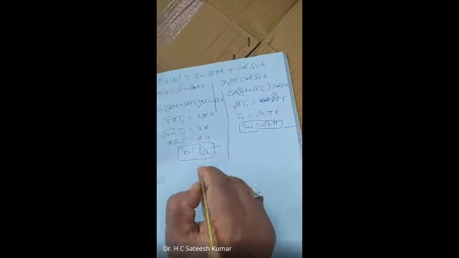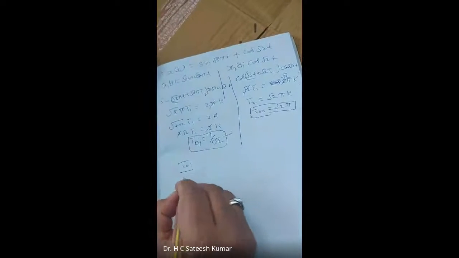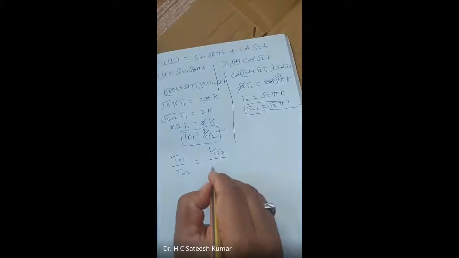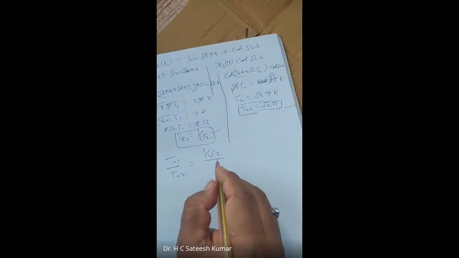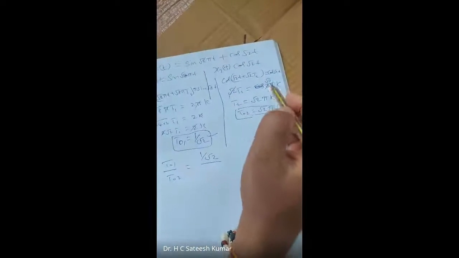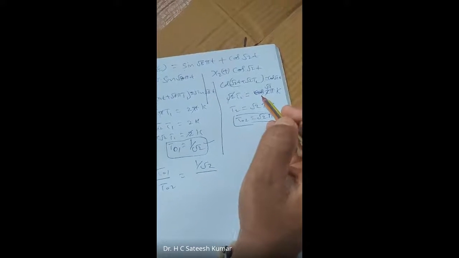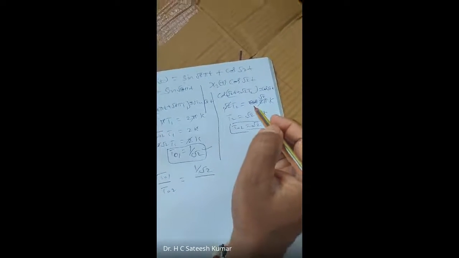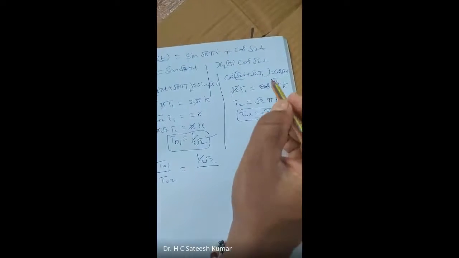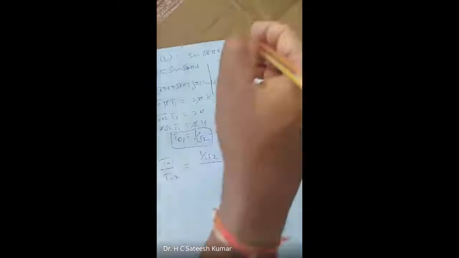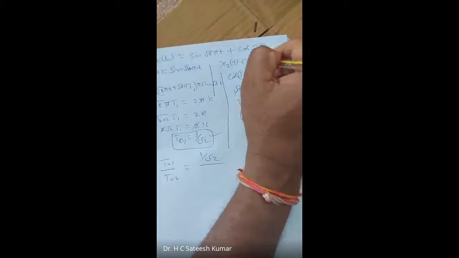Now, the ratio T naught 1 divided by T naught 2, 1 by root 2 divided by, sorry, here pi is not there, right? Okay. You take pi here also.